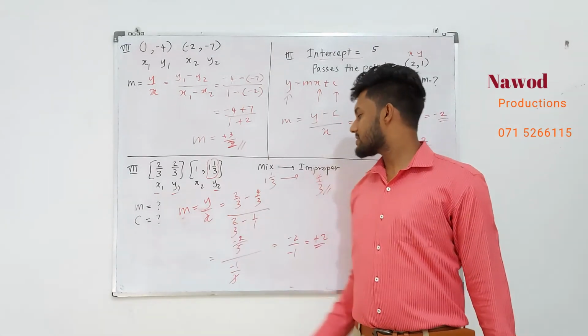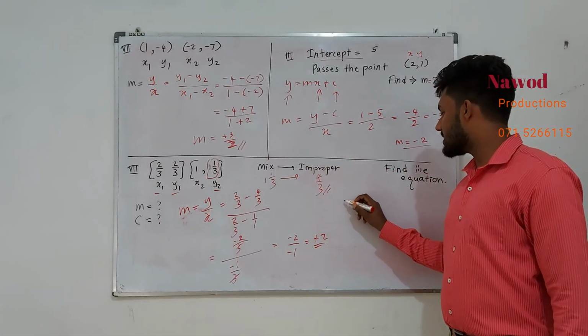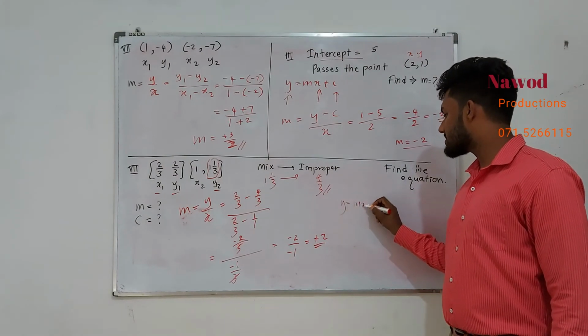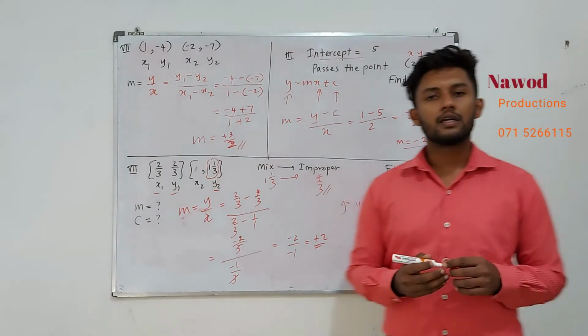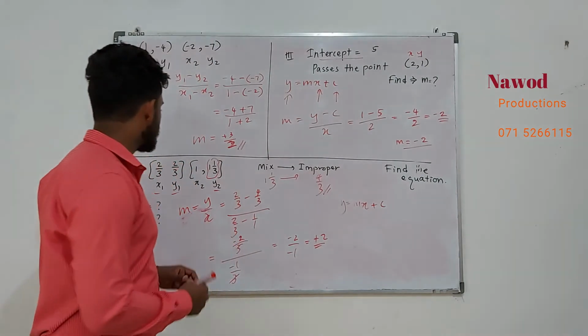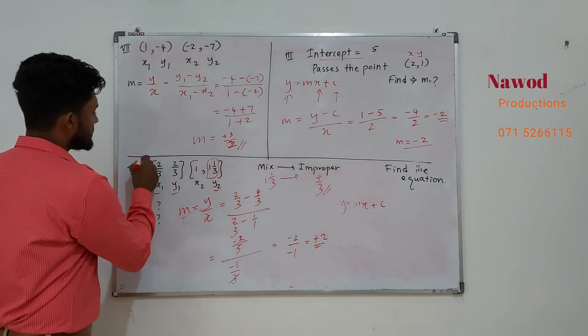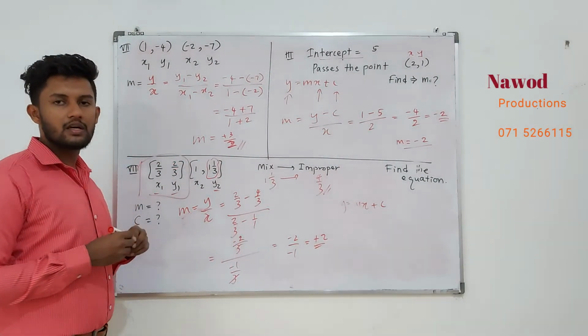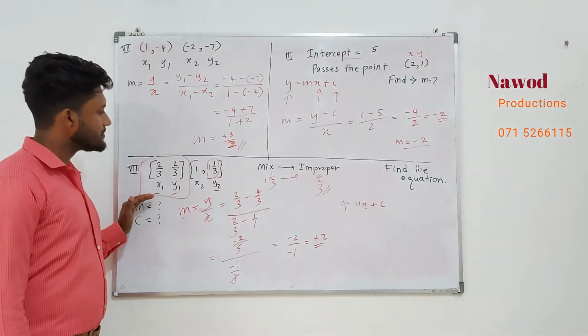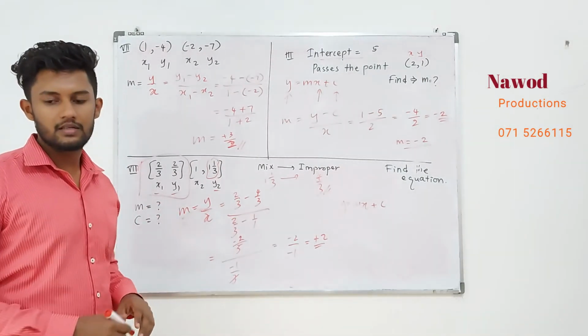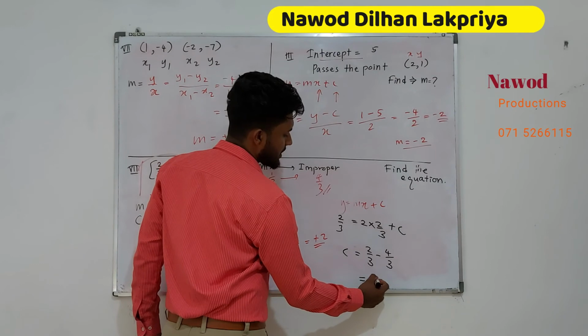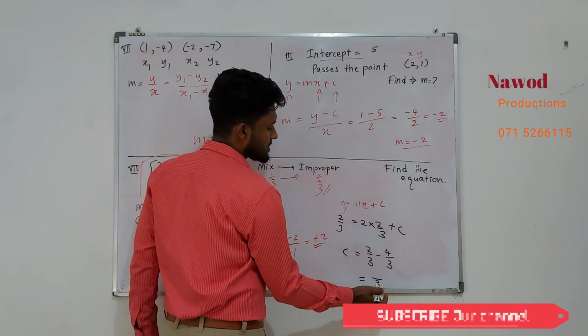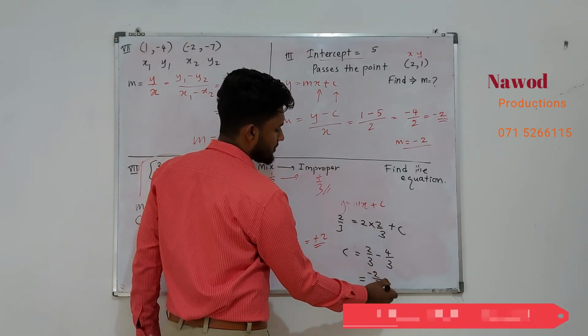Then we want to find c, using y equals mx plus c. We can substitute a coordinate point and find the value of c. Yes, 3 is the common denominator: 2 minus 4 is minus 2 over 3.